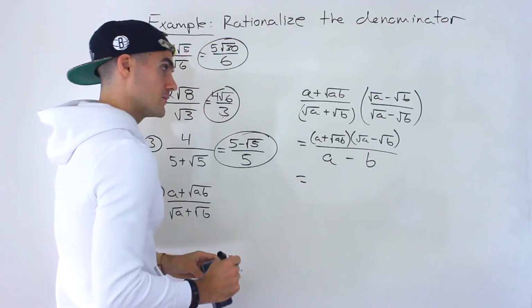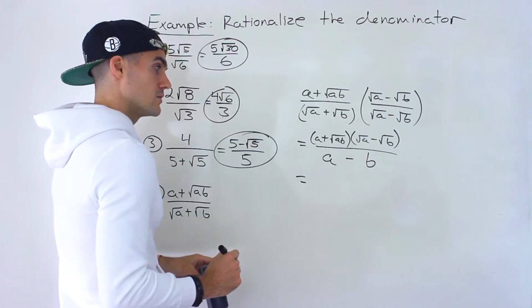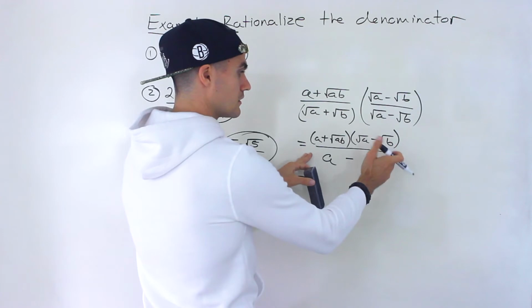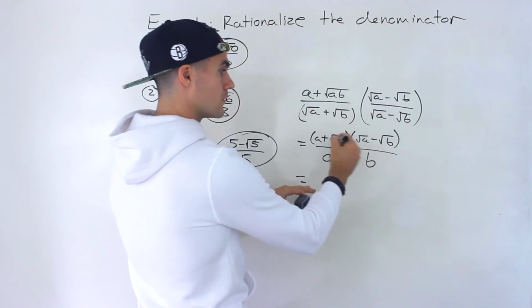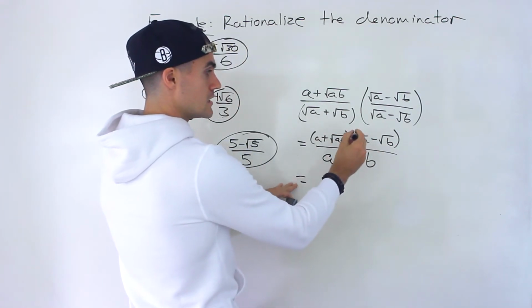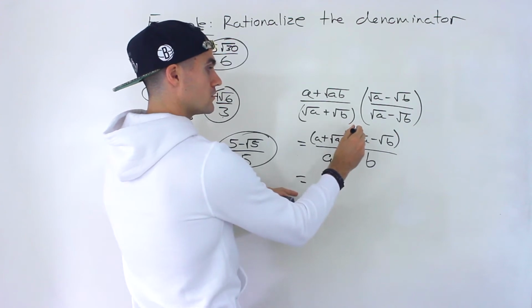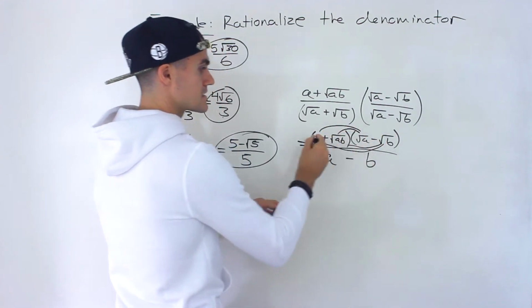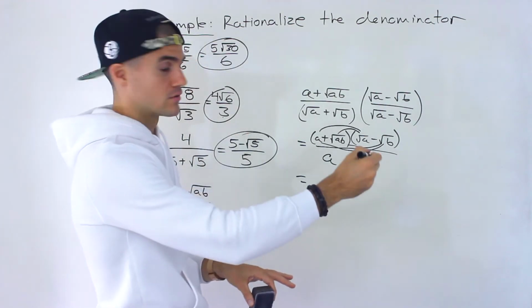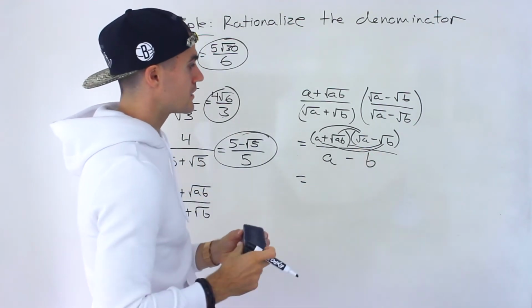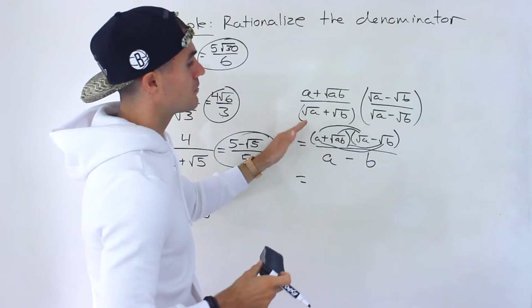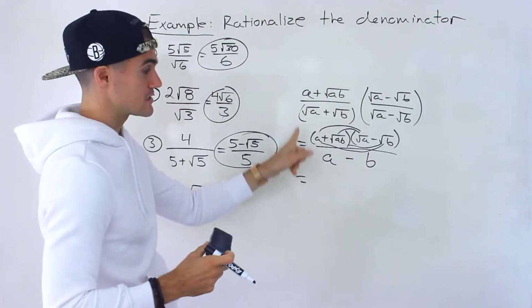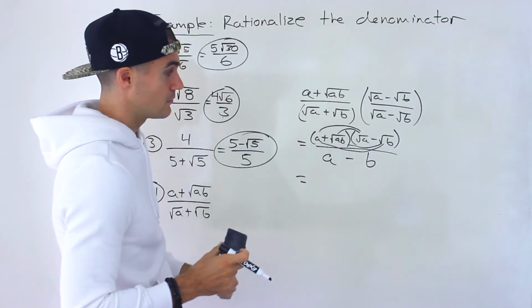Now from here, you can leave it like this, but what you actually want to do is be careful. You have to expand this and see if it further simplifies. Because a lot of times you may get an answer like this, but there may be a more simplified answer, and you're going to see this actually does simplify.